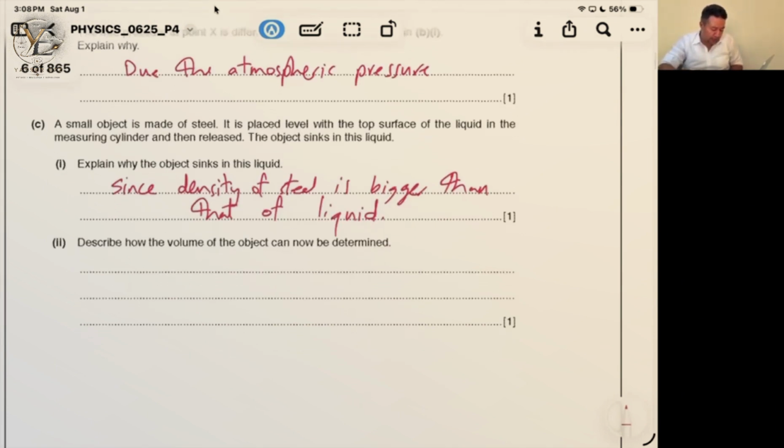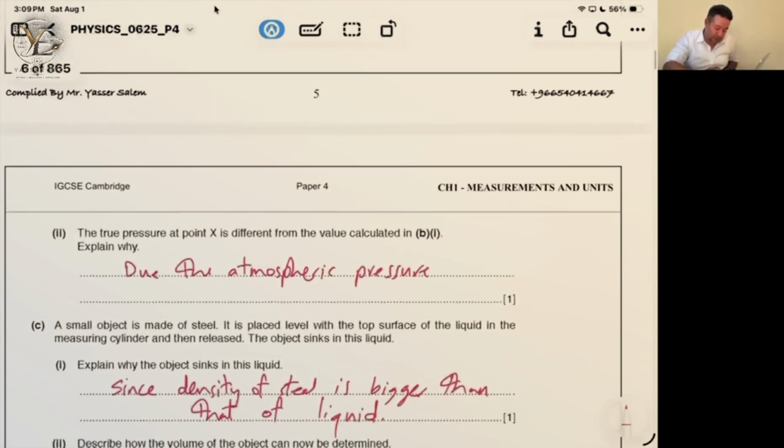Describe how the volume of the liquid can now be calculated. I'm going to record the new volume after immersing the steel, V2, and subtract V1 from it. What was V1?